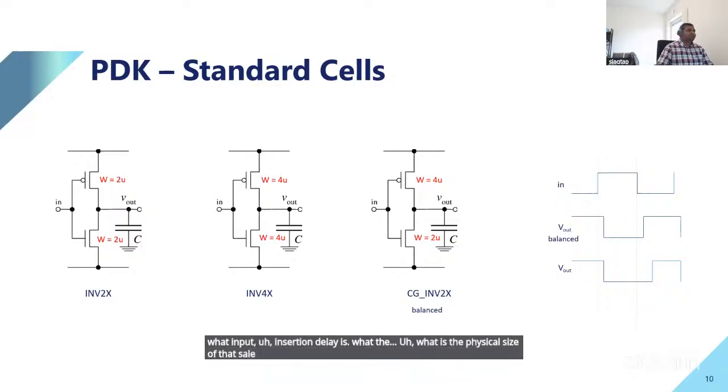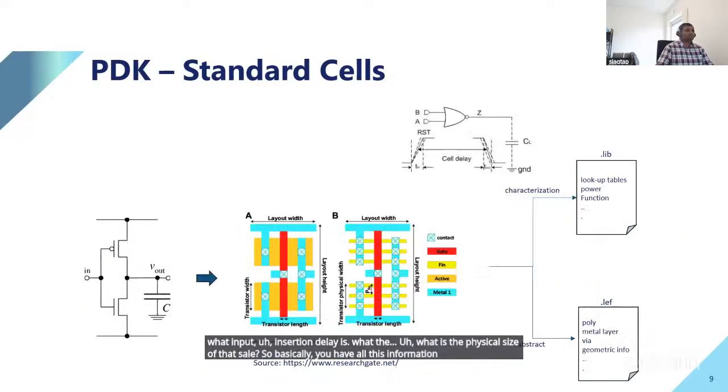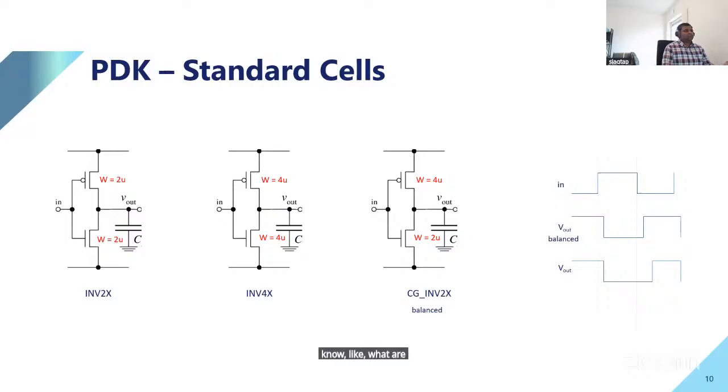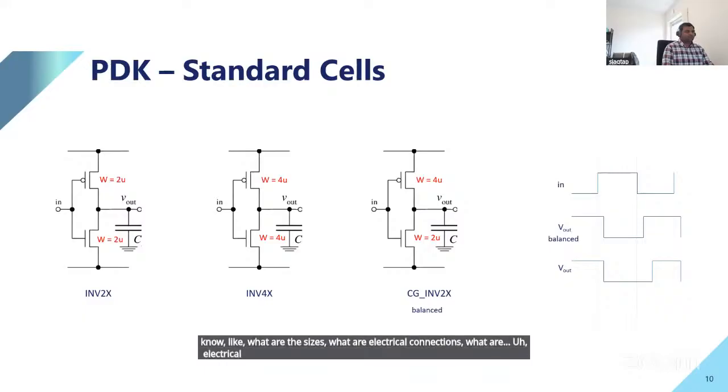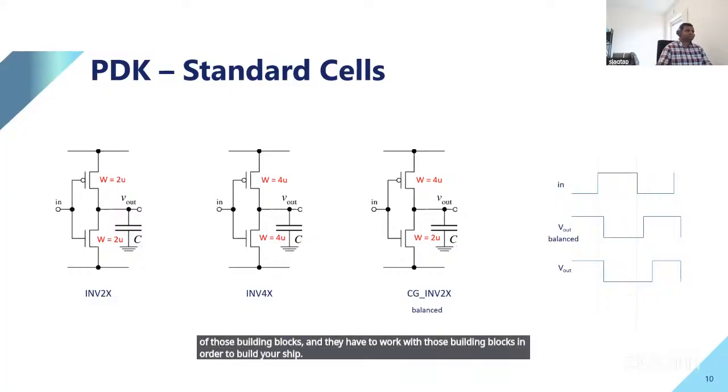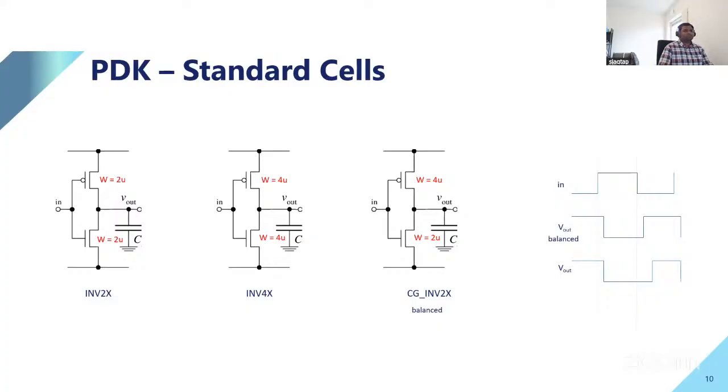So basically, you have all this information so that all these EDA tools know what the sizes, electrical connections, and electrical delays of those building blocks are, and they have to work with those building blocks in order to build your chip. So far, so good.